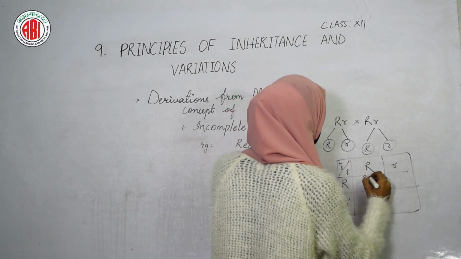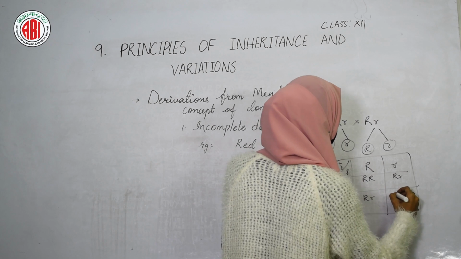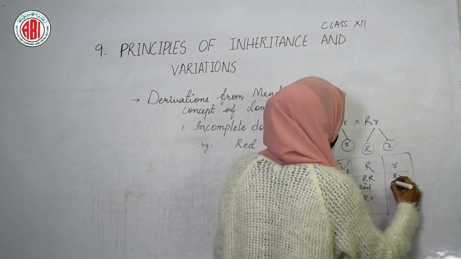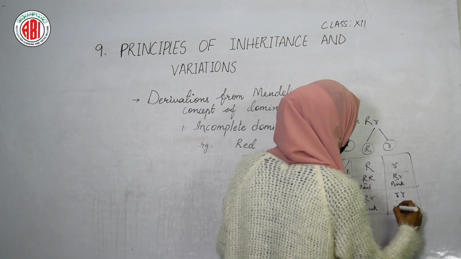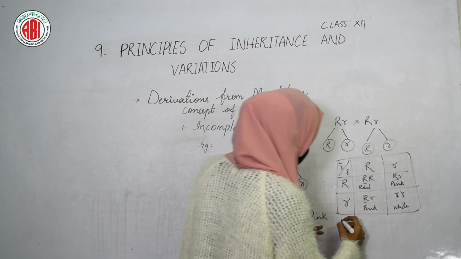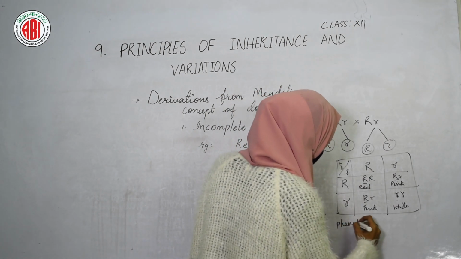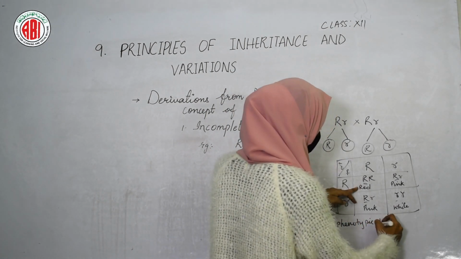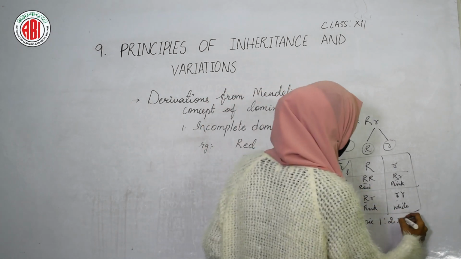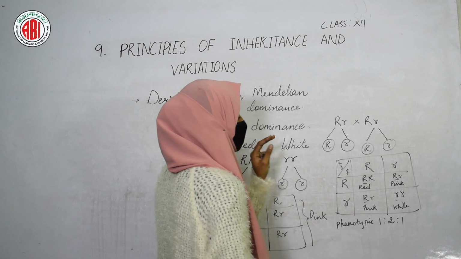Now after the fertilization, we can see that one is red, two are pink and one is white. So if we calculate the phenotypic ratio, it will be one red, 2 pink flower bearing plants and 1 white flower bearing plant.